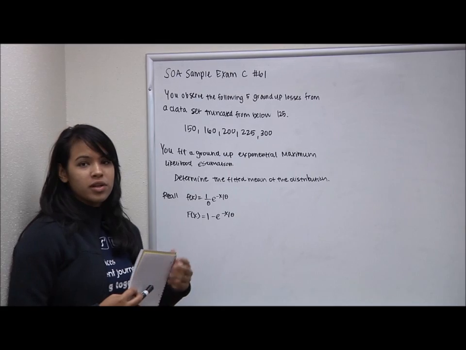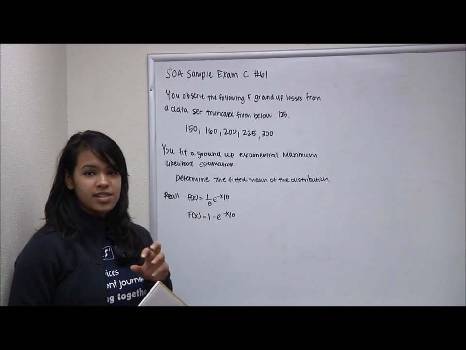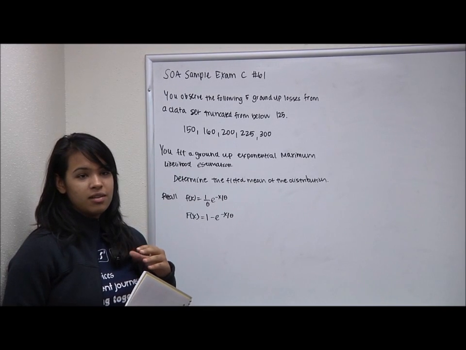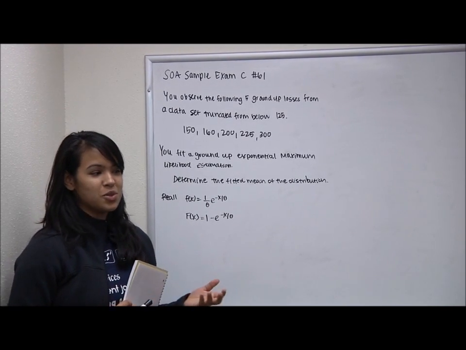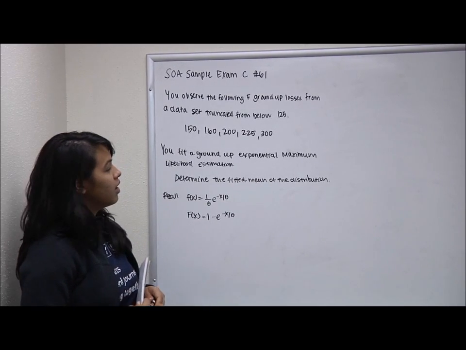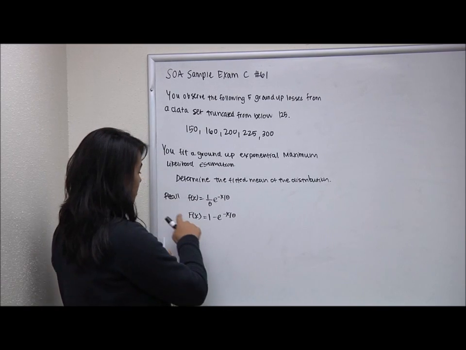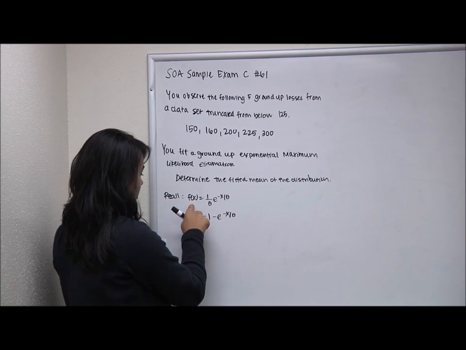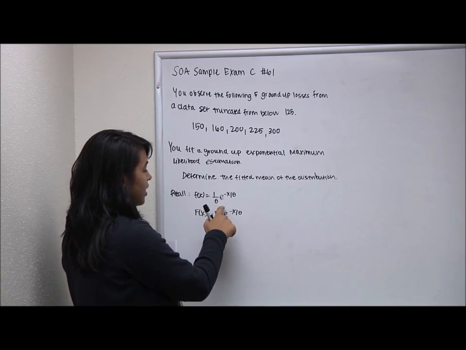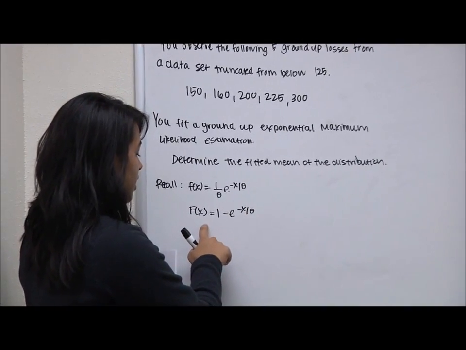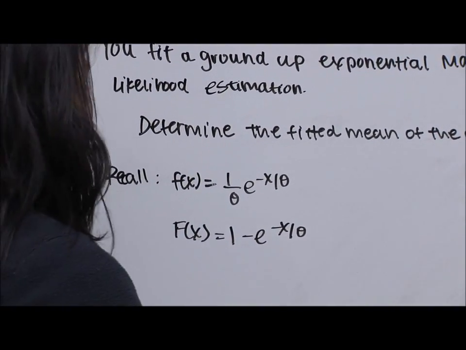the way you incorporate deductibles into maximum likelihood estimation is by standardizing it, by putting the probability that your losses will be above 125 into your distribution. So we're going to just recall that the PDF of an exponential distribution is 1 over theta, e to the negative x over theta, and the CDF is 1 minus e to the negative x over theta.